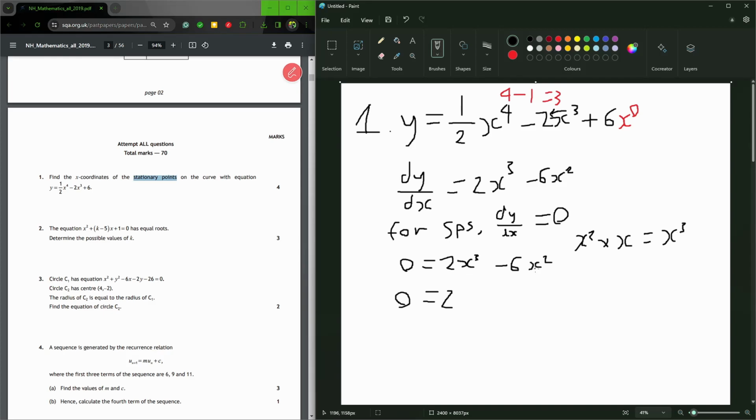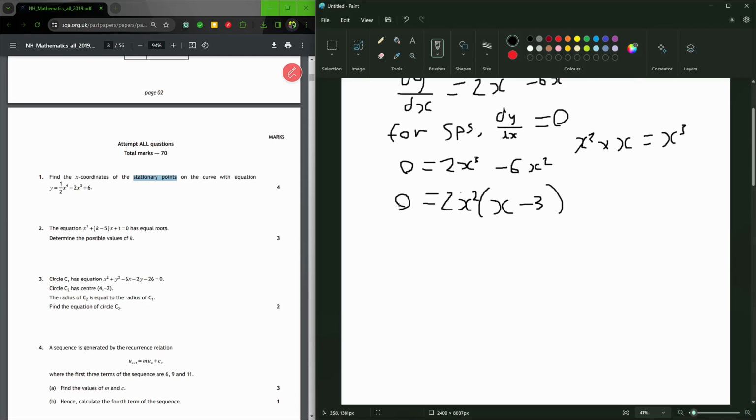So we can divide everything by 2x squared. Throw in a bracket, and the top one from that is just x after we divide it. And then we have minus 3, but the x squared terms cancel out. So we end up with this.